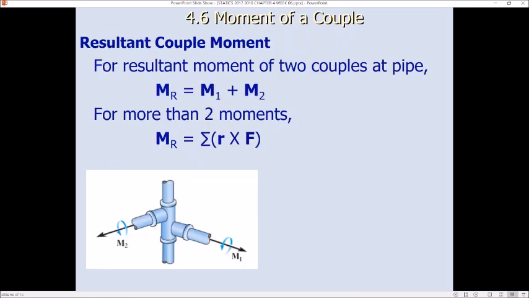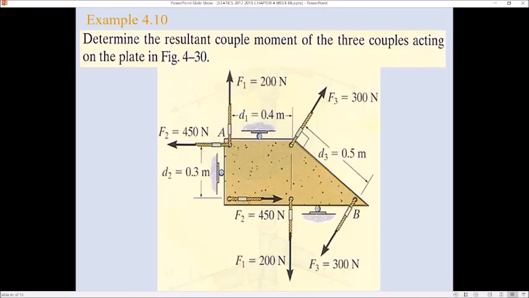Resultant couple moment for two couples is where the moment resultant is equal to M1 plus M2. For more than two, the moment resultant is equal to the summation of the position vector cross product with the force. For this example, consider the moment couple for F1, F2 and F3 and their distances D1, D2 and D3 respectively.